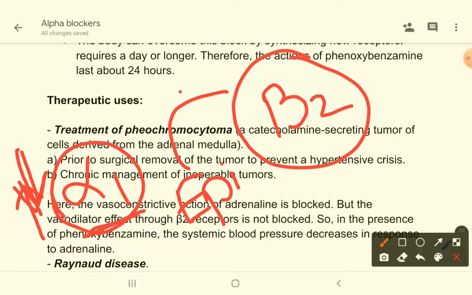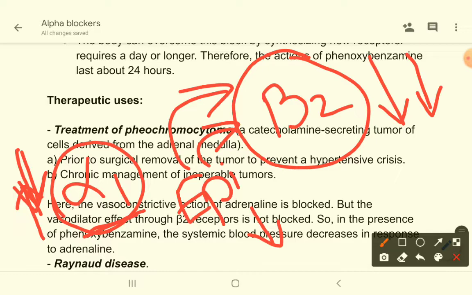So more epinephrine is acting on beta 2 receptors and decreasing the blood pressure. So by both these mechanisms, there is decreased blood pressure.